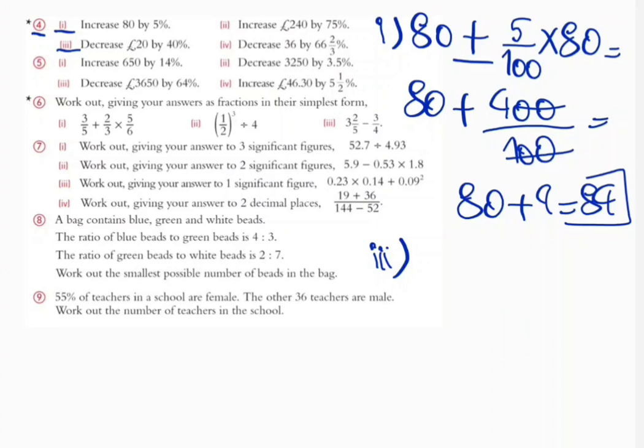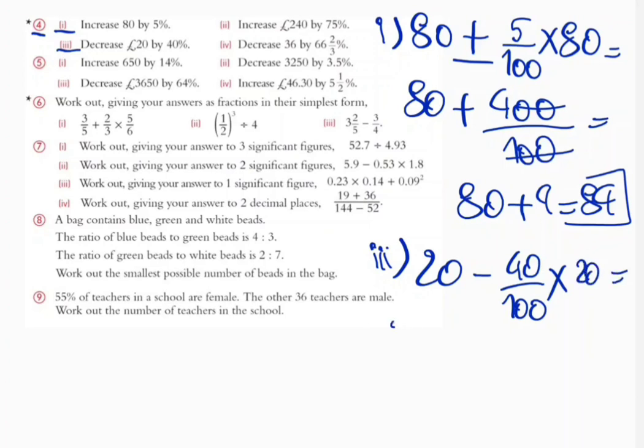So in this part we have 20, which is our initial amount, and we are decreasing that by 40%, which means minus, and 40% means 40 over 100 of 20.